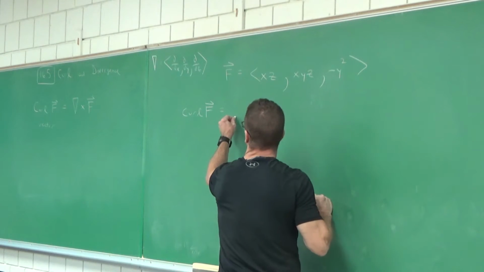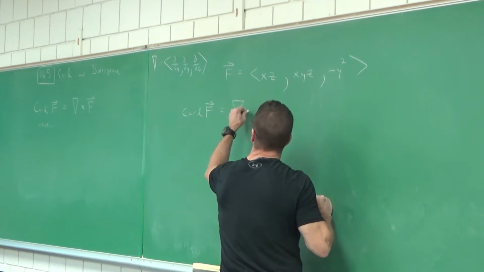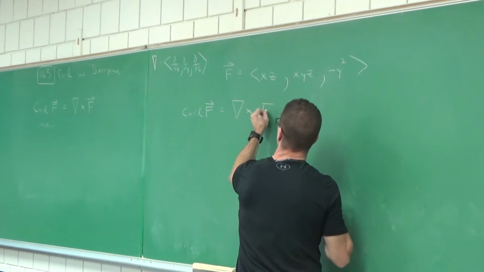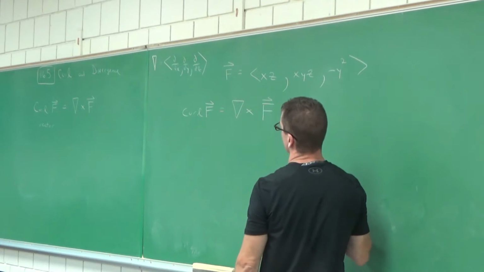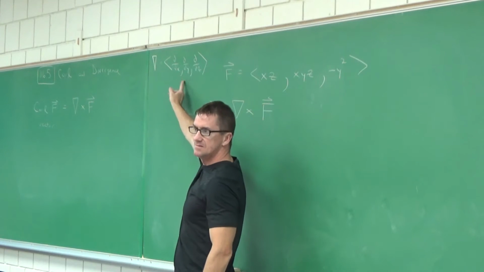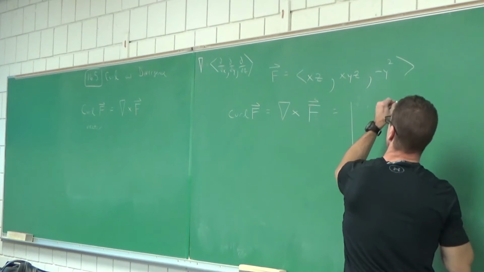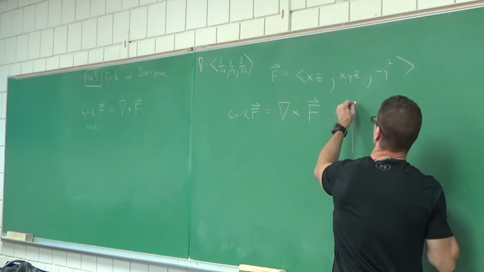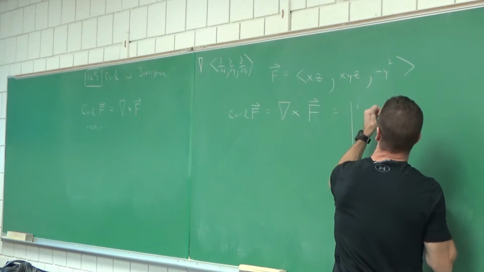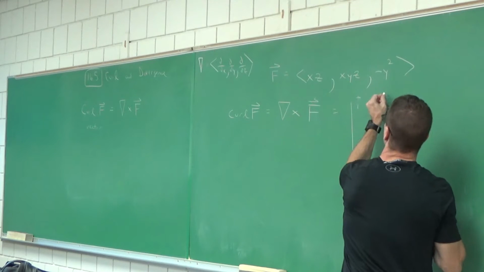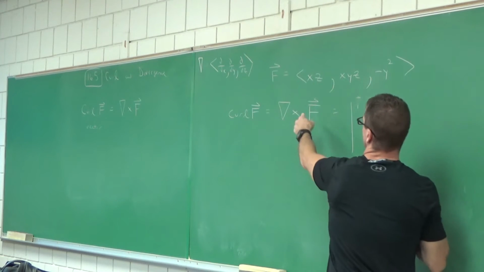Well, it's defined as del cross F, the cross product of del and F. So I'm going to write out the matrix, how we always found the cross product of two vectors. I'll put i, j, and k. All right, there's my i, j, and k. I'm going to put the del first.